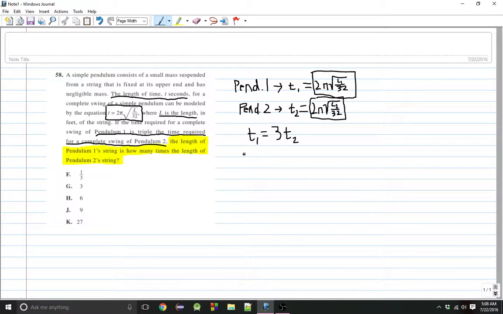So for T1 we're going to put 2 pi root L1 over 32 equals 3 times 2 pi root L2 over 32.